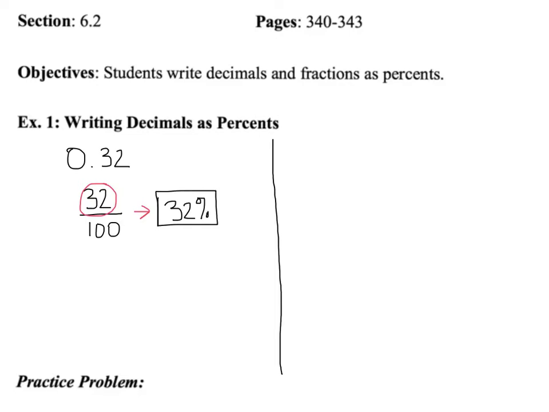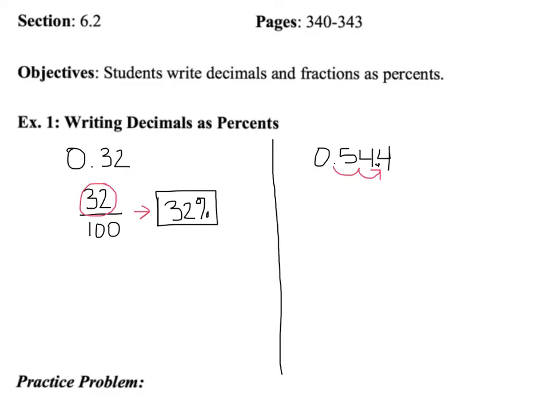So that's way 1. Way 2 is really pretty simple. So here we have 544 thousandths. To change a decimal to a percent, we're just going to take the decimal and this time we're going to move it to the right 2 times.